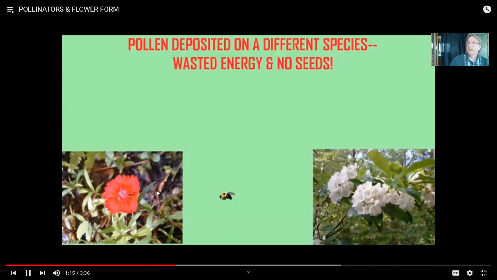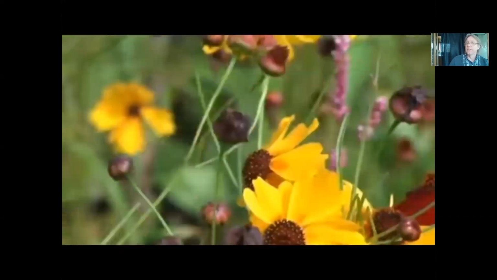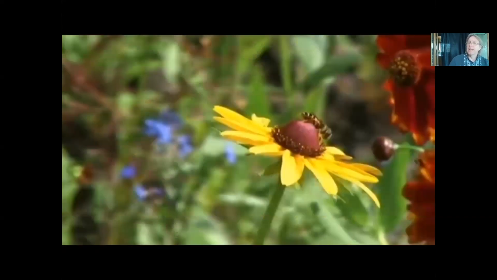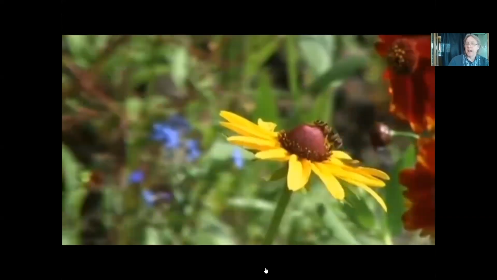And so many flowers attempt to specialize, and thus to increase the fidelity in which a pollinator will visit that flower only.